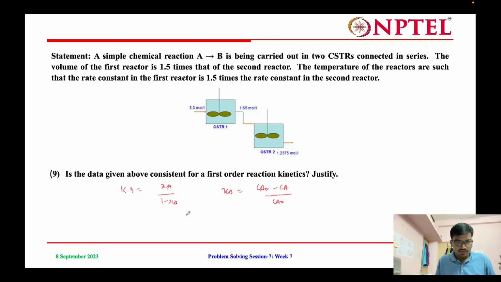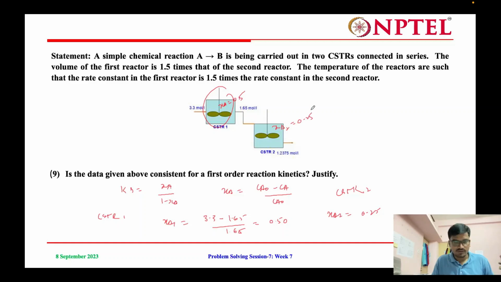Now for CSTR 1, XA1 equal to 3.3 minus 1.65 divided by 3.3, so 0.5. So here X equal to 0.5, and for CSTR2, XA2 equal to 0.25, right?